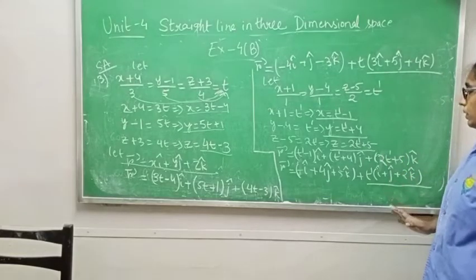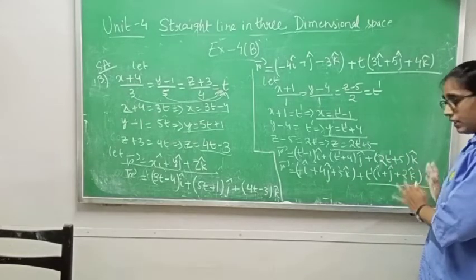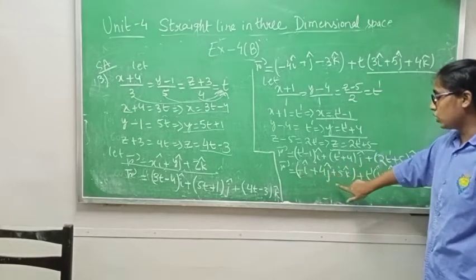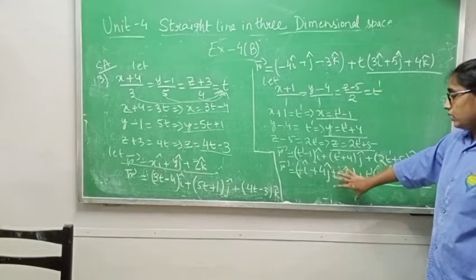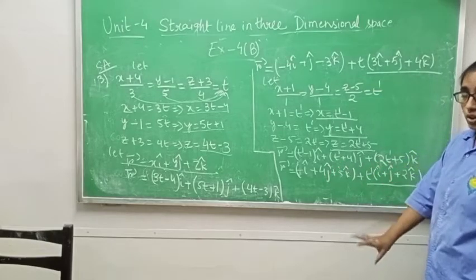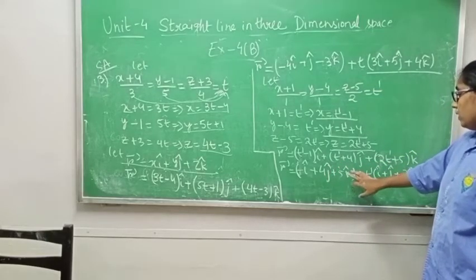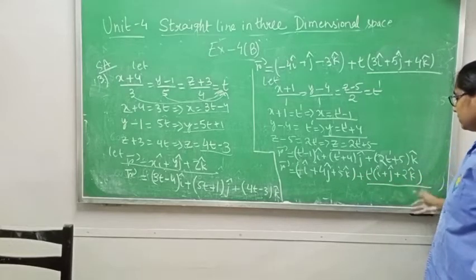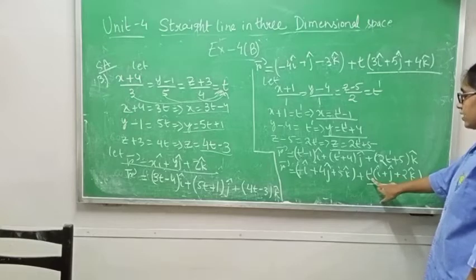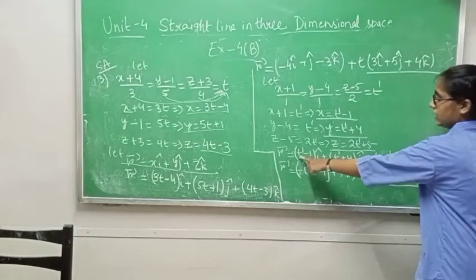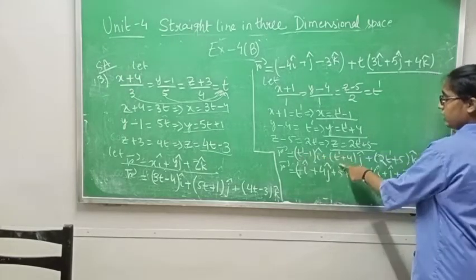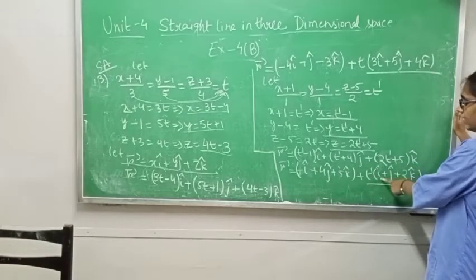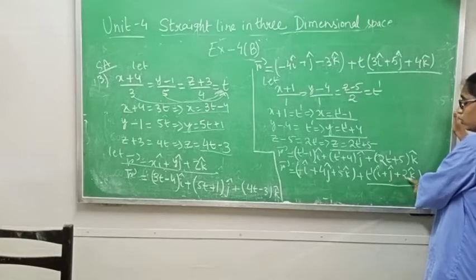Now again, all the t terms we will separate and all the terms without t we will separate. So −i + 4j + 5k, these three terms do not have t. Now we will take out all the t dash terms. When we take t dash common, we will get i cap + j cap + 2k cap.